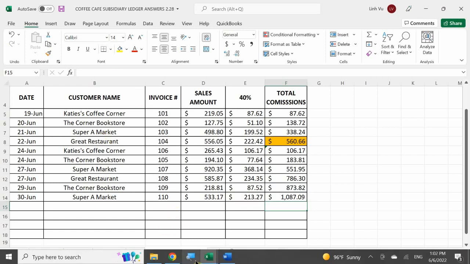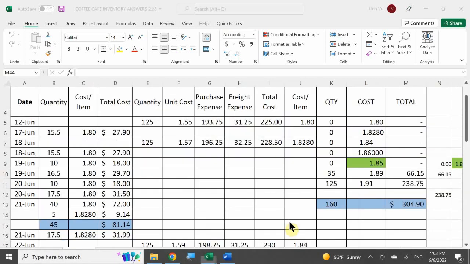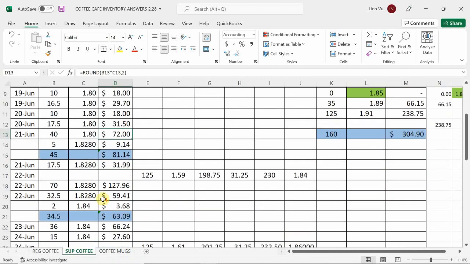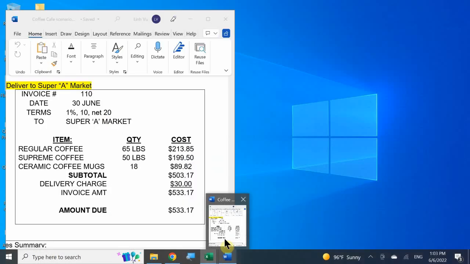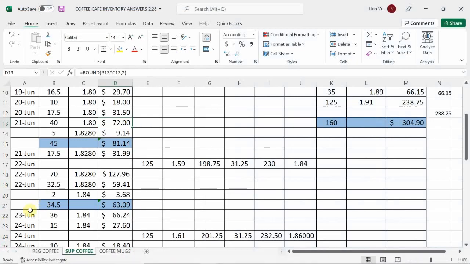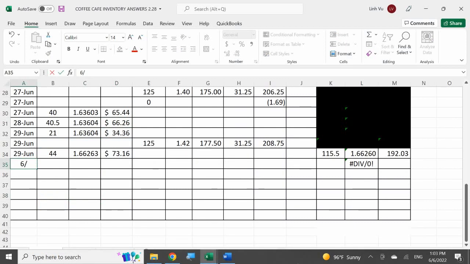All right. So we did the ledger. Now the last thing that we have to do is update our inventory, because at least we know exactly how many pounds of each coffee we actually sold. We sold 65 of the regular and 50 of the Supreme. Starting off with my regular coffee, we sold 65 pounds.